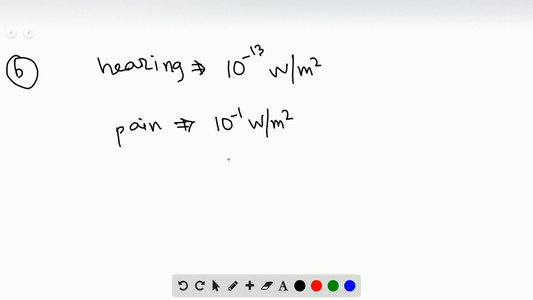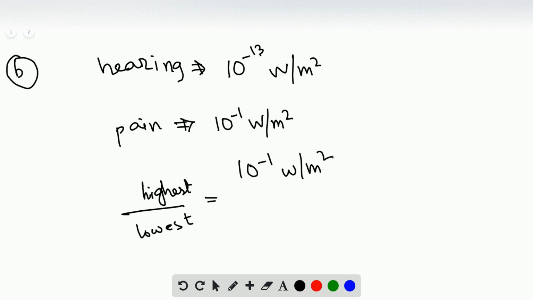Now again we do the same thing, we take the highest to lowest intensity, so highest over lowest, and that gives us 10 to the power minus 1 watt per meter squared over 10 to the power minus 13 watt per meter squared, and that comes out to be 10 to the power 12.